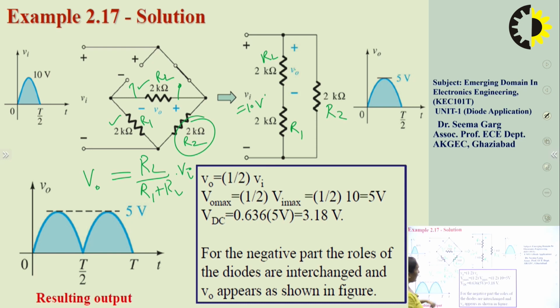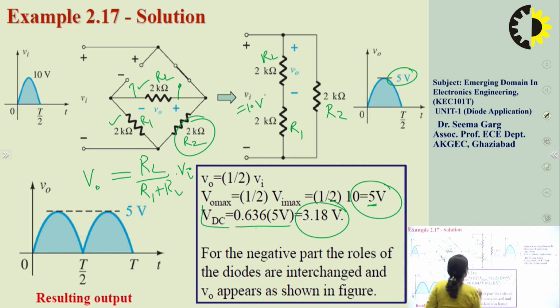If you place the values, the output voltage will be equal to 5 volts, and that is the maximum value. If I would like to calculate the average value, that will be 0.636 times the maximum value, which comes out to be 3.18. So this is the DC value of the output waveform.